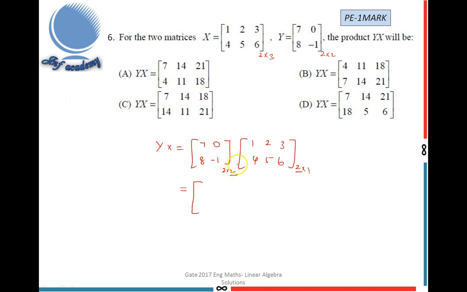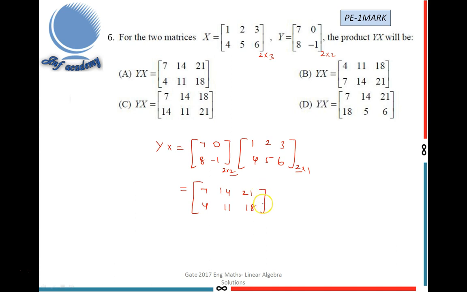Multiplying these two matrices: 7 into 1 is 7 plus 0, 7 2s are 14, other value is 0, 7 3s are 21, other value is 0. Multiplying the second row respectively with the columns: 8 minus 4, 4; 16 minus 5, 11; 24 minus 6, that is 18.